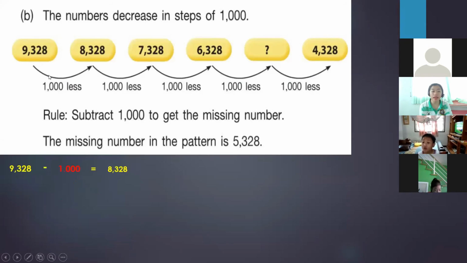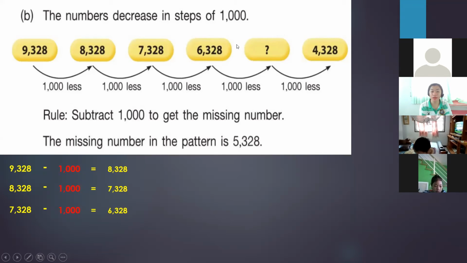So we have 9,328 minus 1,000 is equal to 8,328. 8,328 minus 1,000 is equal to 7,328. 7,328 minus 1,000 is equal to 6,328. Okay, so what is the next number in this pattern?